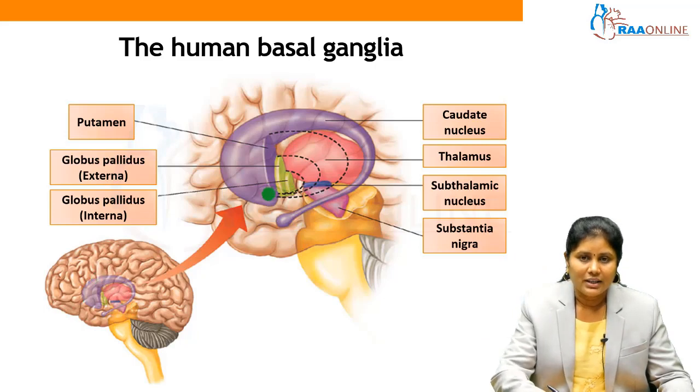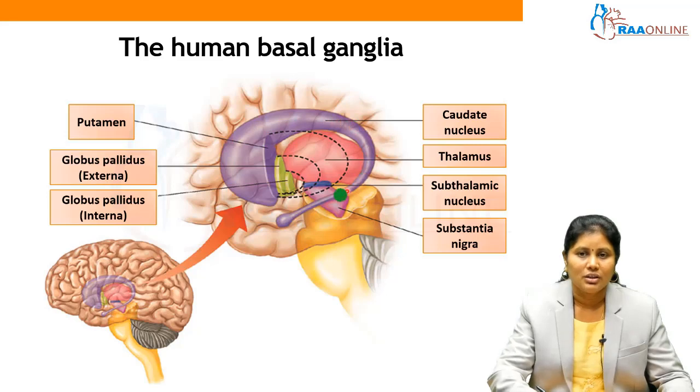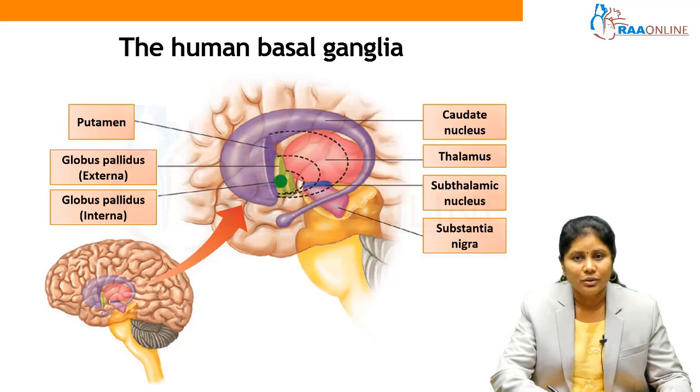You can see the expanded portion of the basal ganglia. This C-shaped structure or nucleus is called the caudate nucleus. Then to the inner aspect of the caudate nucleus, we have another structure called the putamen. And interior to the putamen lies the globus pallidus.